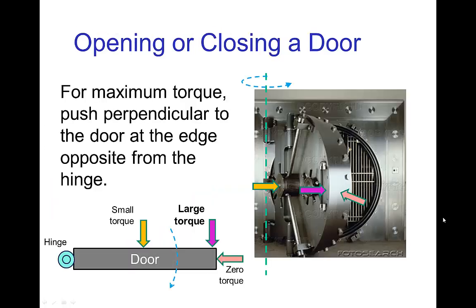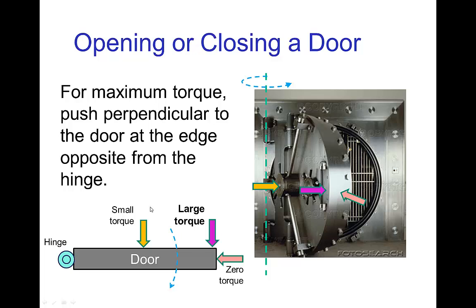Here are some other examples. Let's say that we are pushing a heavy door. The way to apply a large torque when you are pushing on a door is to push perpendicular to the door as far away as possible from the hinge.